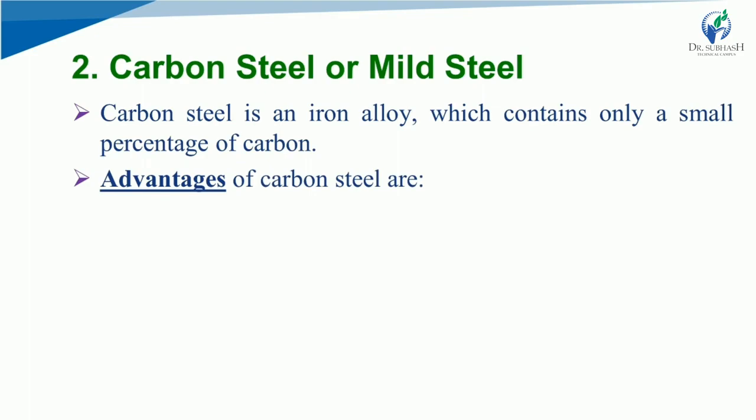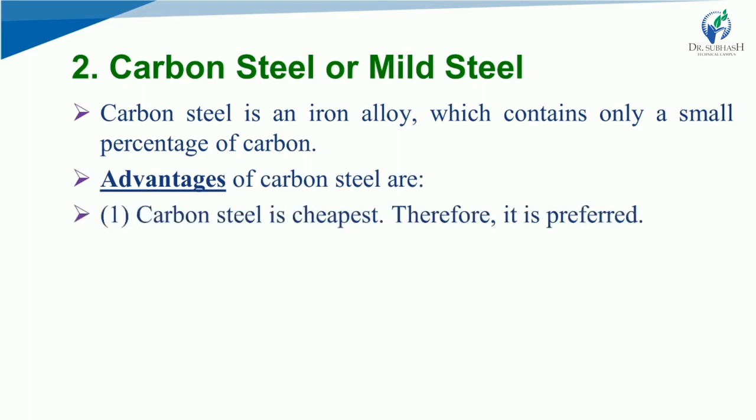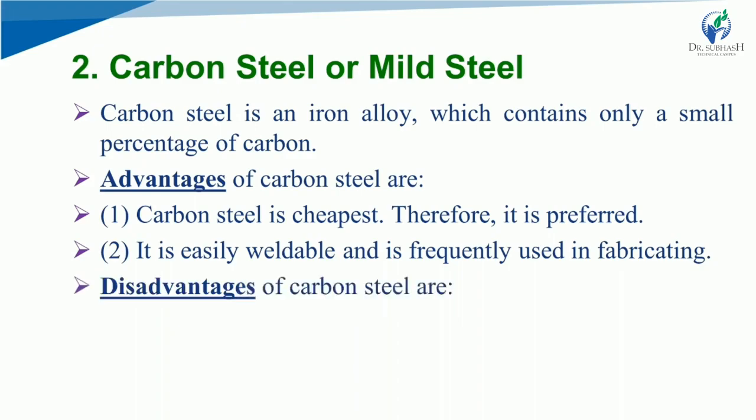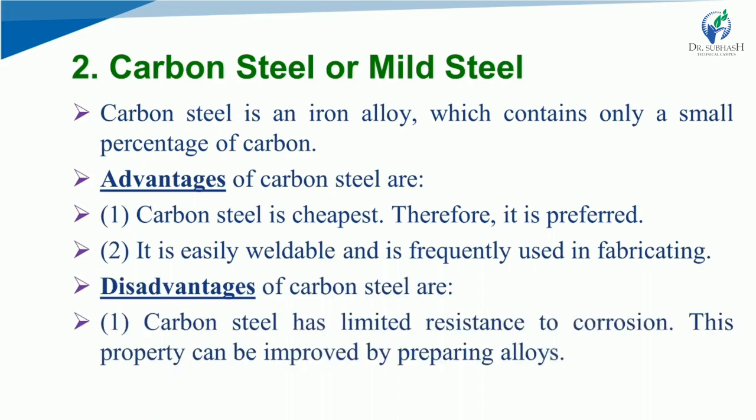Advantages of carbon steel are: first, carbon steel is cheapest, therefore it is preferred. Second, it is easily weldable and is frequently used in fabricating. Disadvantages: first, carbon steel has limited resistance to corrosion. This property can be improved by preparing alloys.